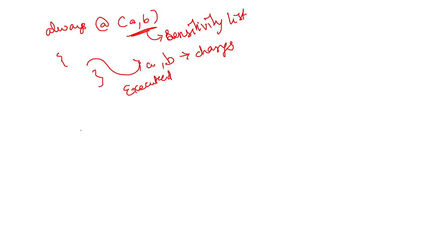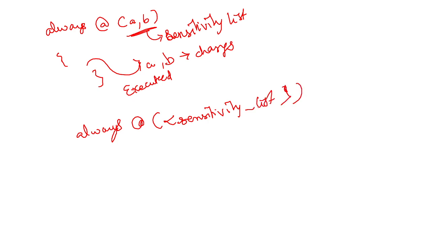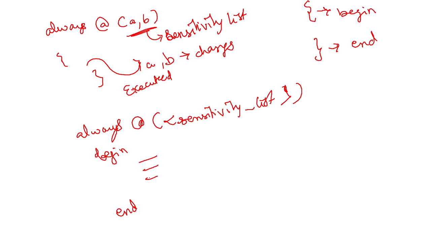So the syntax is always at the rate of sensitivity list, begin and end. So in Verilog you will be knowing like this we will represent with the keyword begin and end. And here you will have some statements. So this is a procedural block.